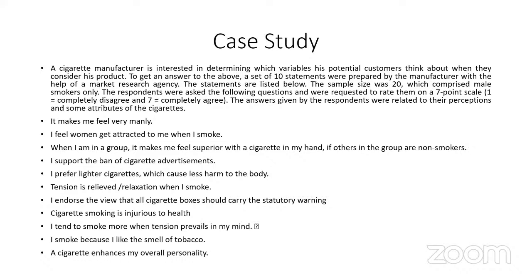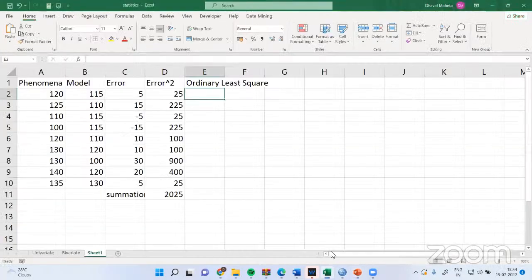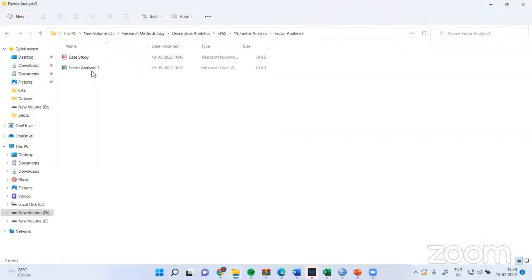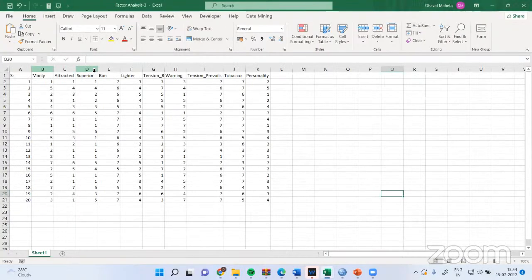Now you may agree or you may disagree on this, but the opinions were taken. Now go to the Excel sheet, all of you, and see the data which is being given to us. See this. Is it there? Kindly confirm. Yes, sir.